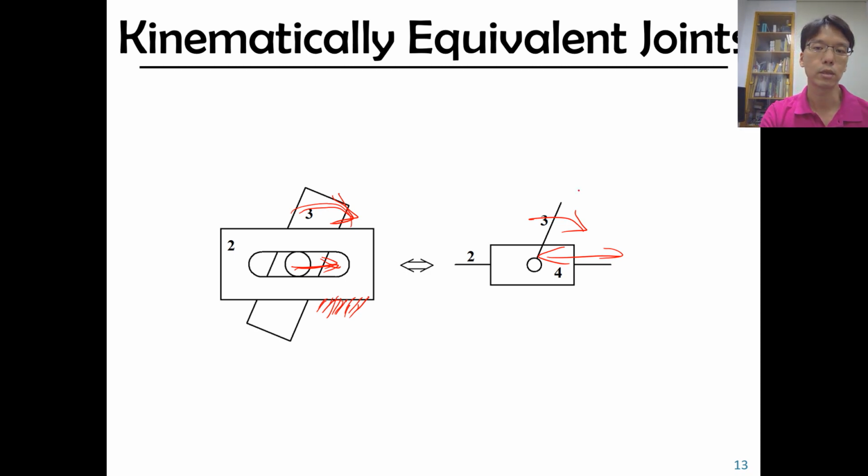So because in these two cases, when we look at link 2 and link 3, their relative motions are the same, we call these two joints kinematically equivalent.